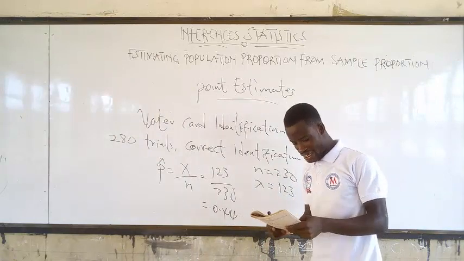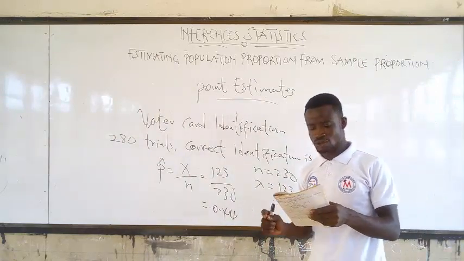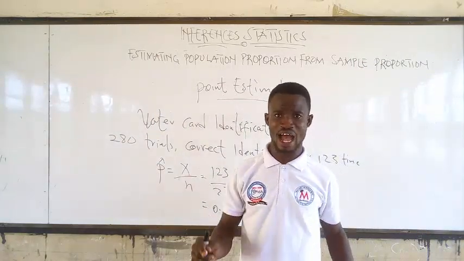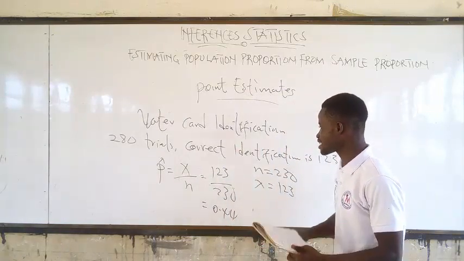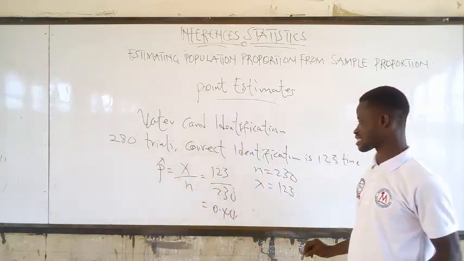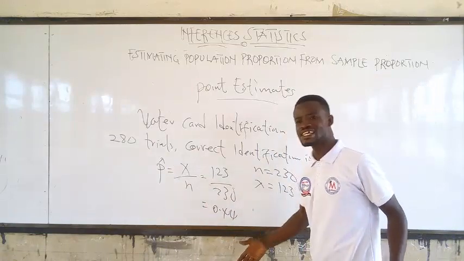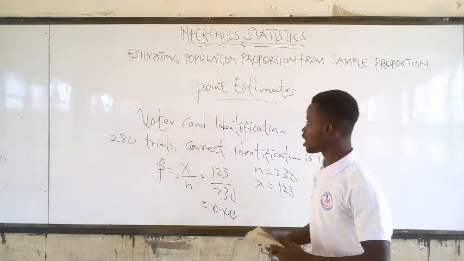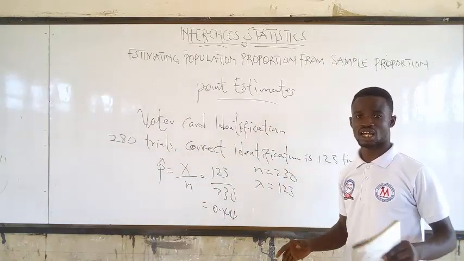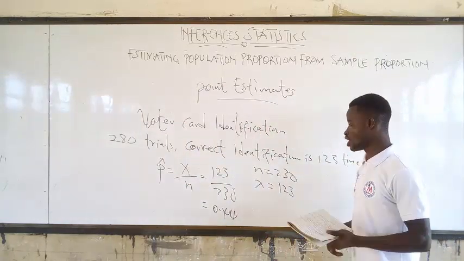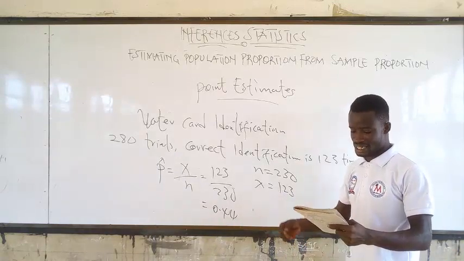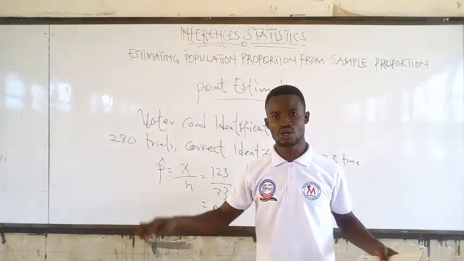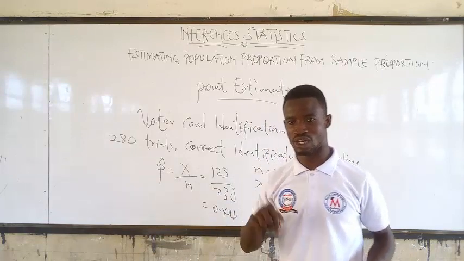No, it can't be that. That is why we use a confidence interval. So even though this is the point estimate, how sure are we that this can be applied to the whole population? It can't be that. So that is why we need the confidence interval. So let's go to confidence interval and you will have it.